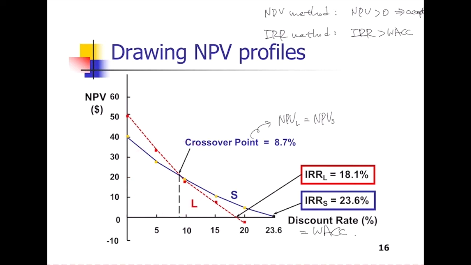And project S case, when WACC changes here and here, NPV is also always a positive number. So we can accept both projects, right?